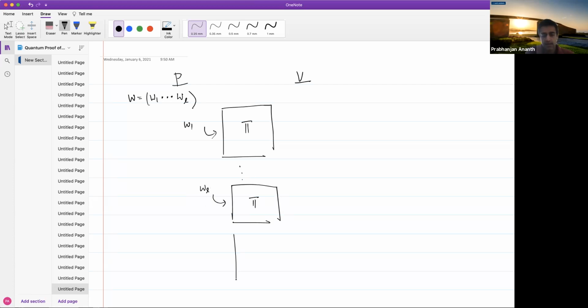And finally, it proves using a QZK proof system that it behaved honestly in all the previous executions.